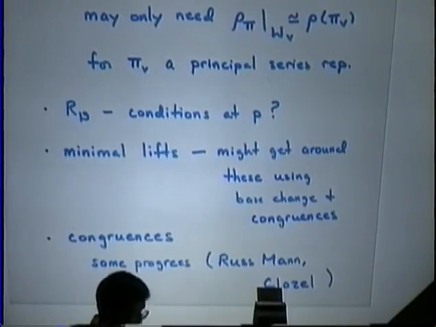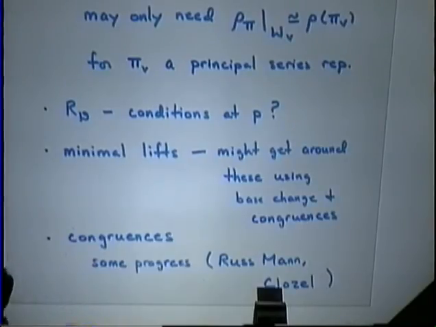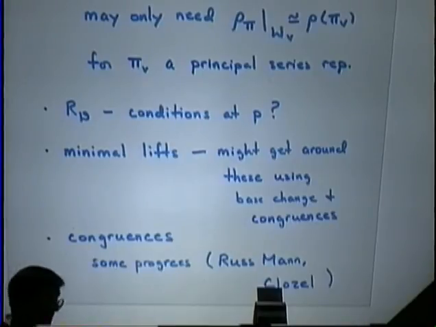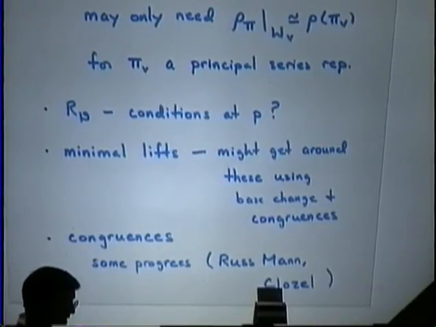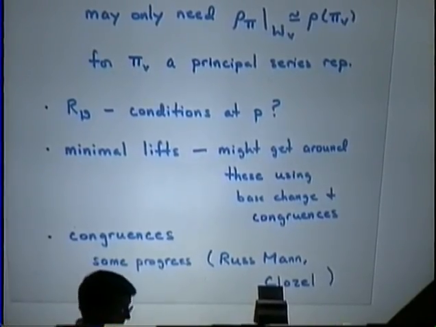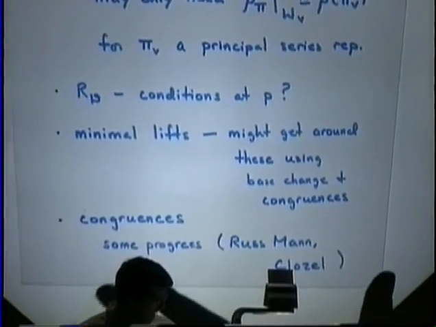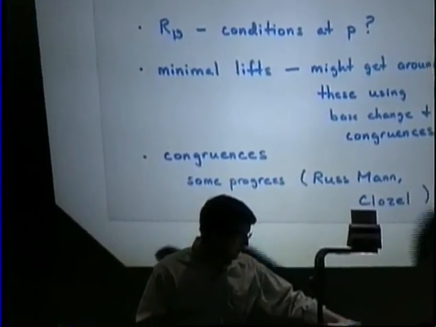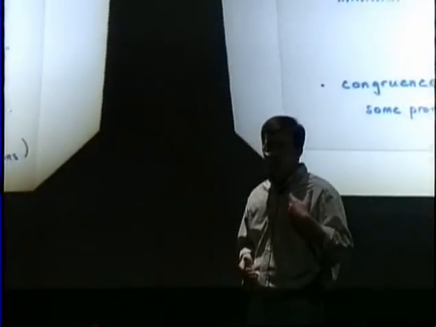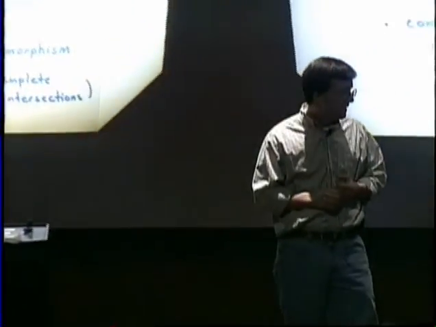And then to make all of this work, we're going to have to be able to compute congruences between automorphic forms on higher groups of higher rank. And by congruences, I mean congruences between systems of Hecke eigenvalues. And here it becomes very complicated, at least combinatorially. There's been some progress, say, for GL_n with n bigger than 3.